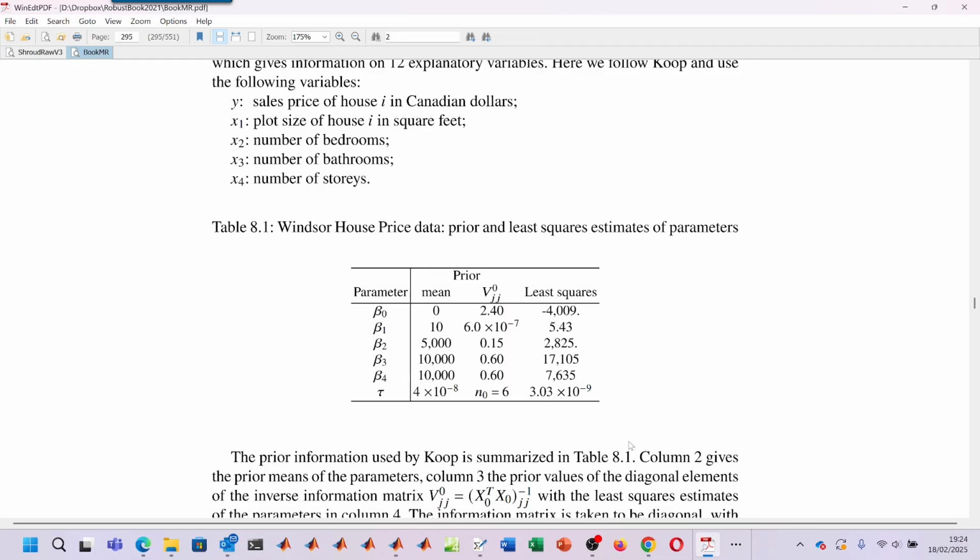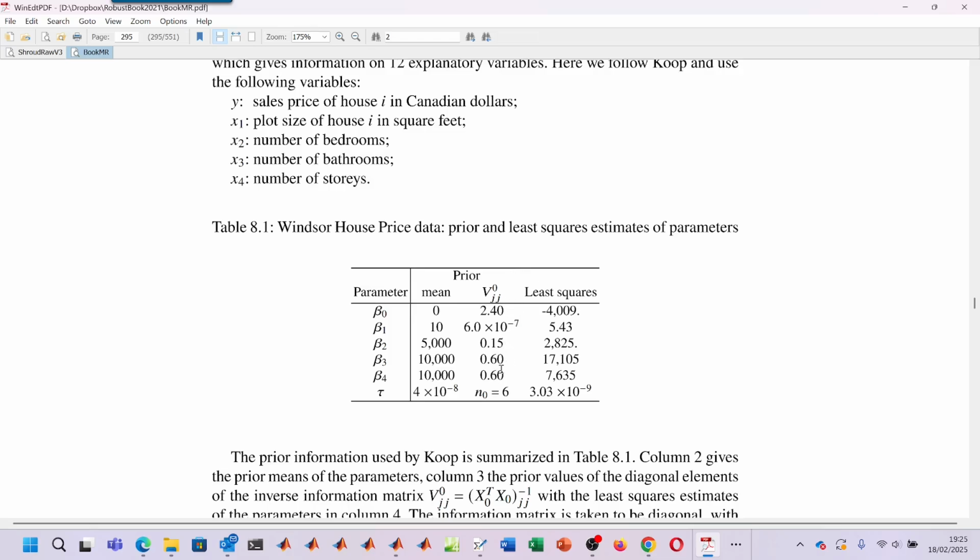In Koop's Bayesian analysis, he derived, perhaps by the pricking of his thumbs, some prior values. In Table 8.1, we give the prior values given by Koop and also a least squares analysis that we have done. The second column of the table gives his prior values for the parameters of the linear model, and in the last row the prior value of tau. The third column gives his estimates of the diagonal elements of the prior information matrix.